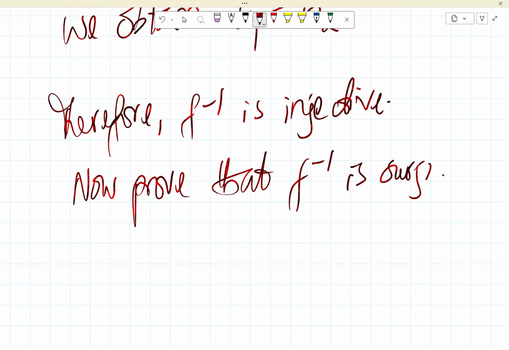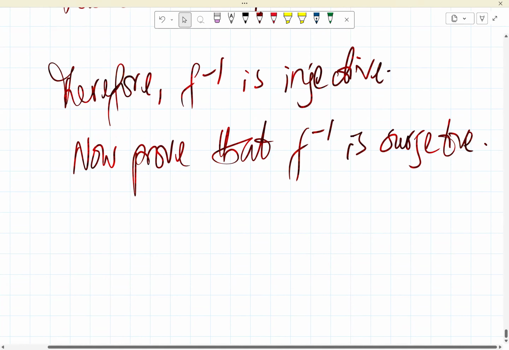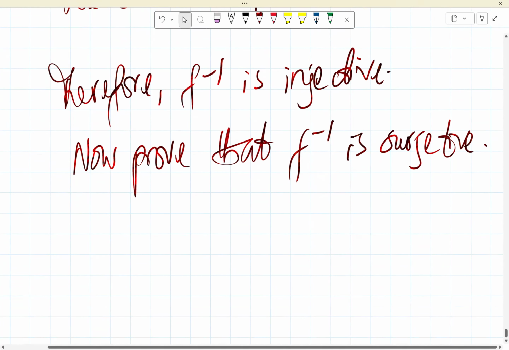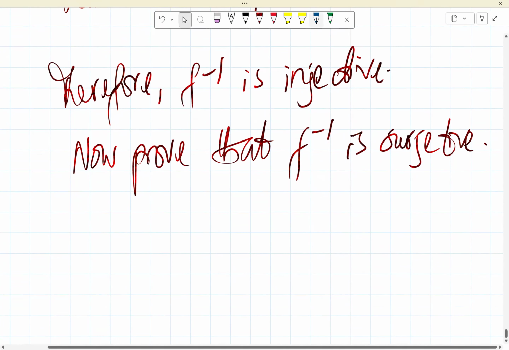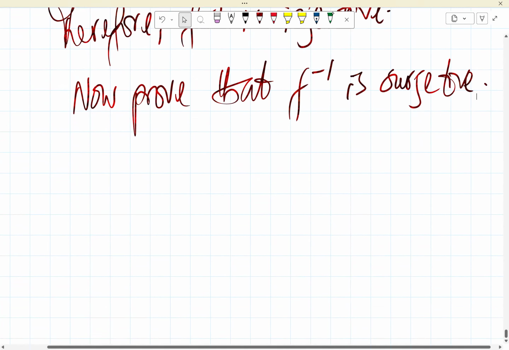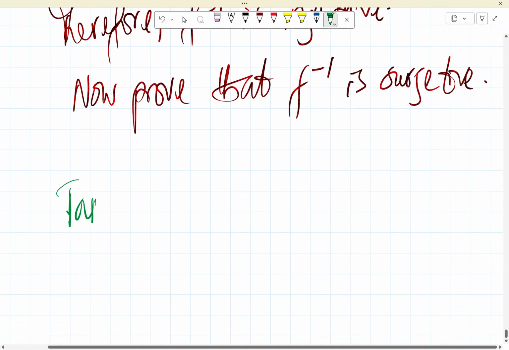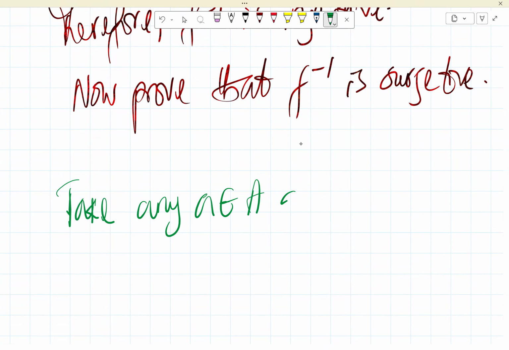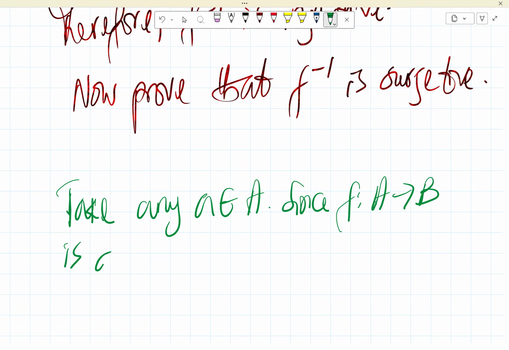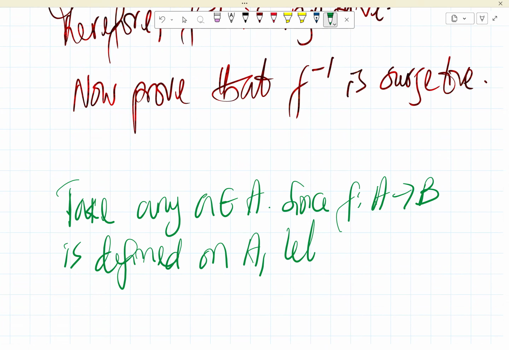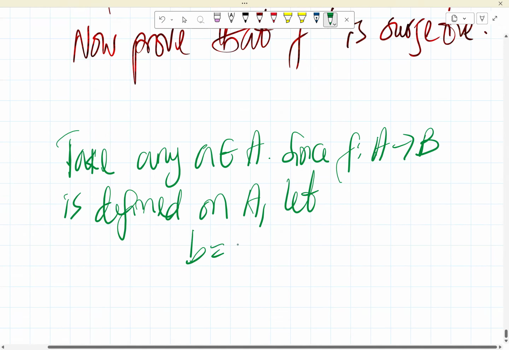So now we need to prove that F inverse is surjective. For you to prove bijectivity, we have to prove both injectivity and surjectivity. So we have proved injectivity up here. Now we are going to surjectivity. So in this case, we take any a belonging to A. Now, since F is defined on A, let b be equal to F of a.